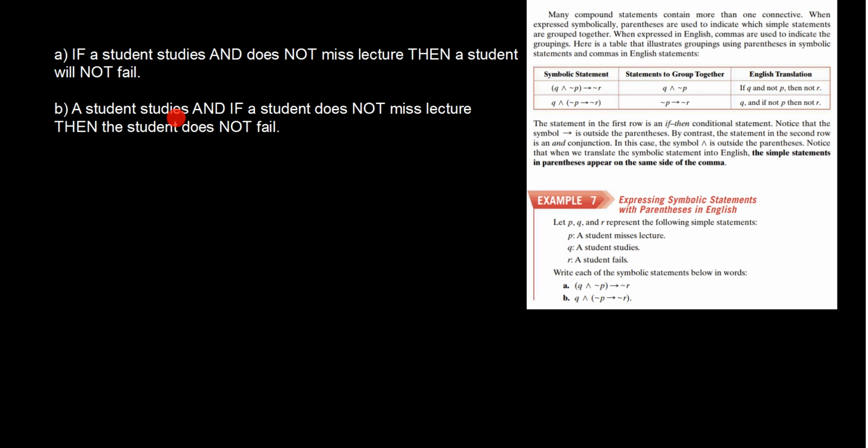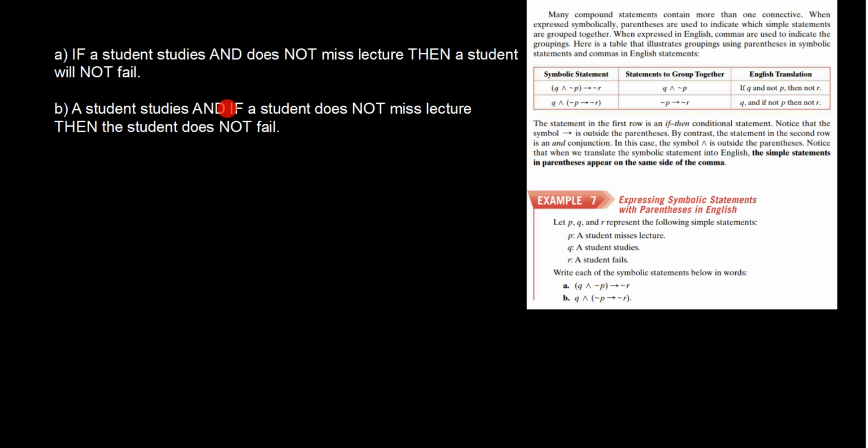And then B, a student studies. All right, so we have the if-then in parentheses, so it's not the dominant symbol, which we'll talk about here in a moment. So we can just simply say a student studies, which is Q, and now we have an if statement.